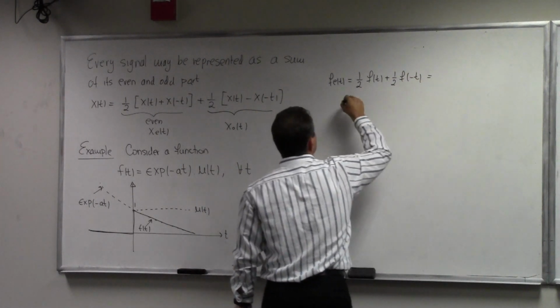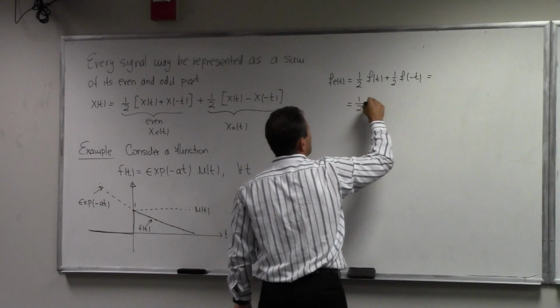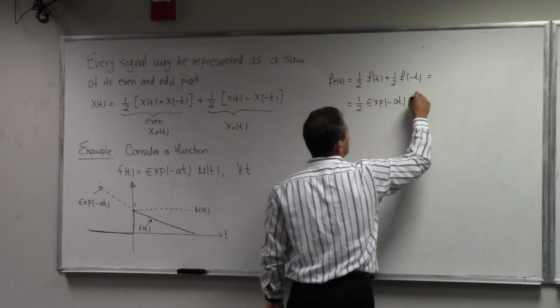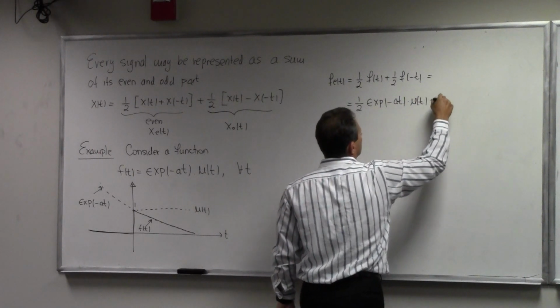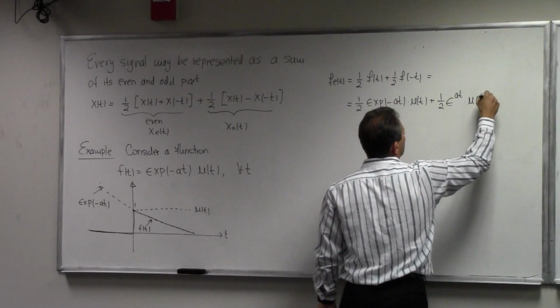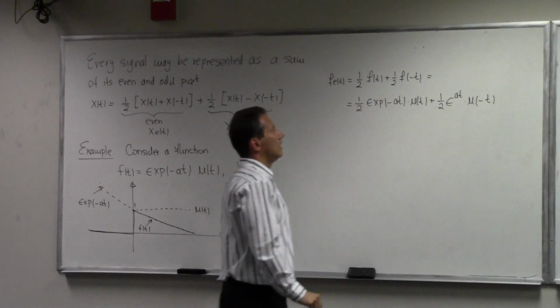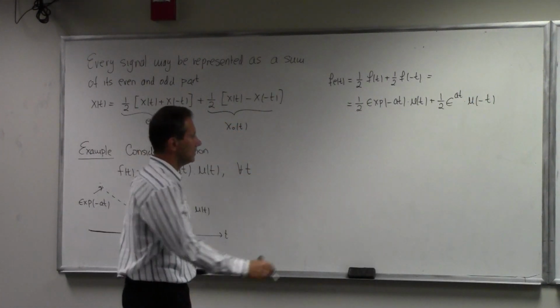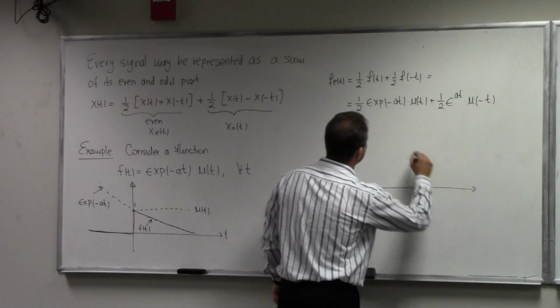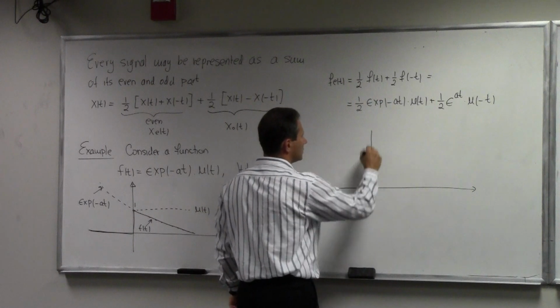So in our case, this becomes 1/2 e to the minus at times u of t plus 1/2 e to the at times u of minus t, right? And how does this function look like? Well, let's draw it. Let's draw this first part.